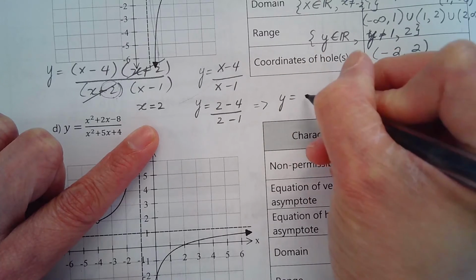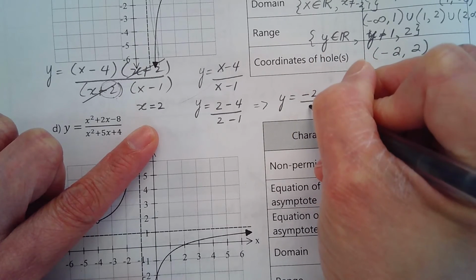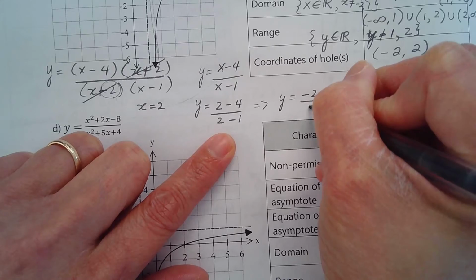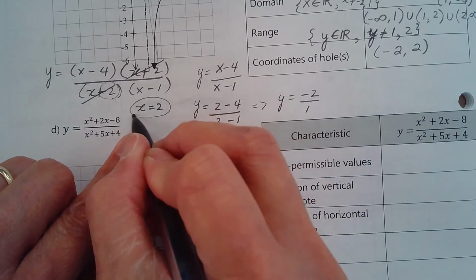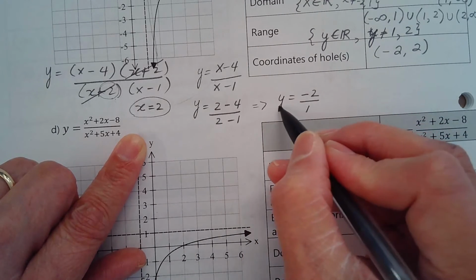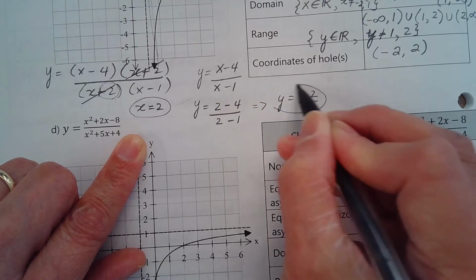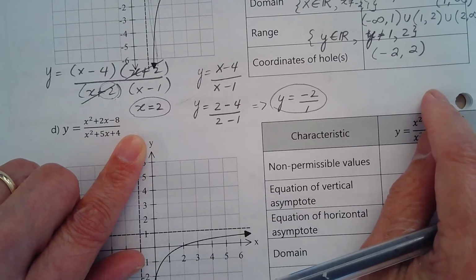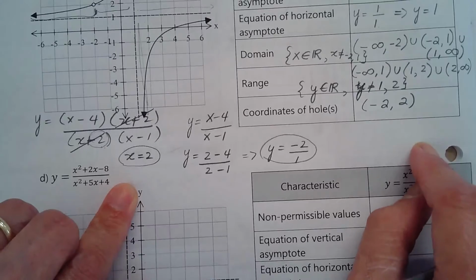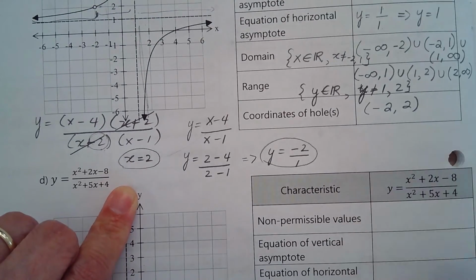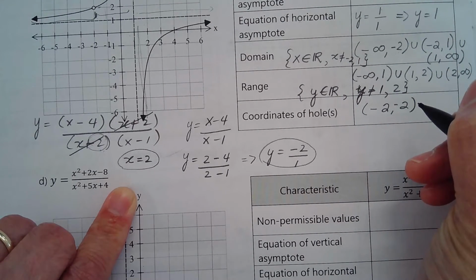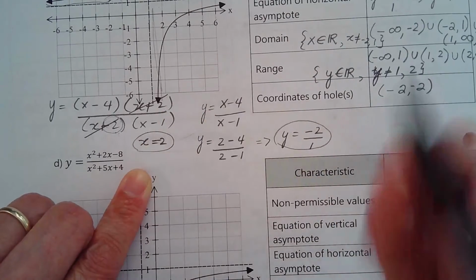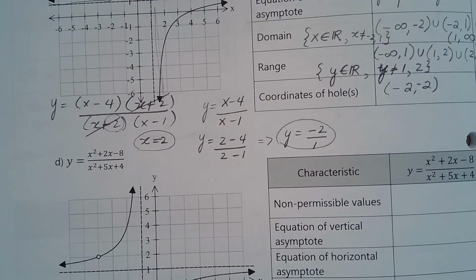Y equals negative 2 over 2 minus 1 is 1. Okay, so we said x equals 2, and that's going to give us y equals minus 2. Back up.